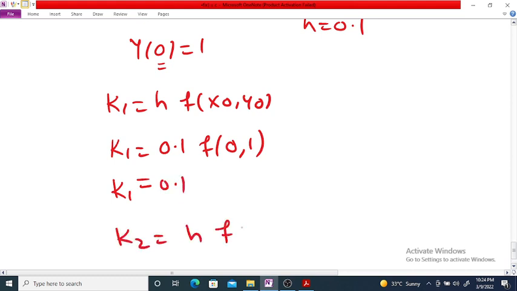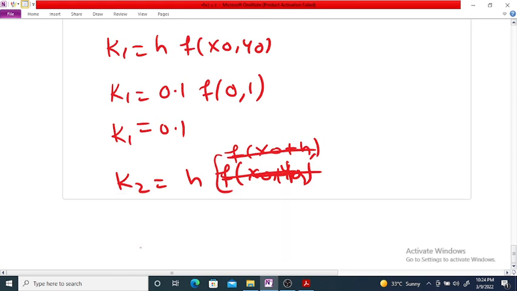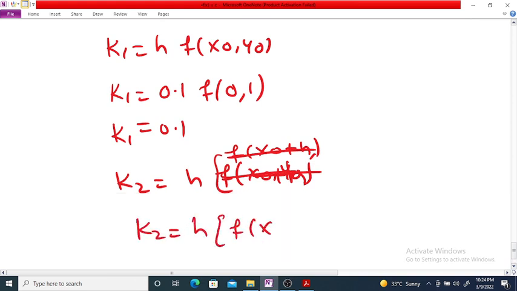And k2 is equal to h f of x0 plus h, y0 plus k1. I am writing here k2 is equal to h f of x0 plus h, y0 plus k1.